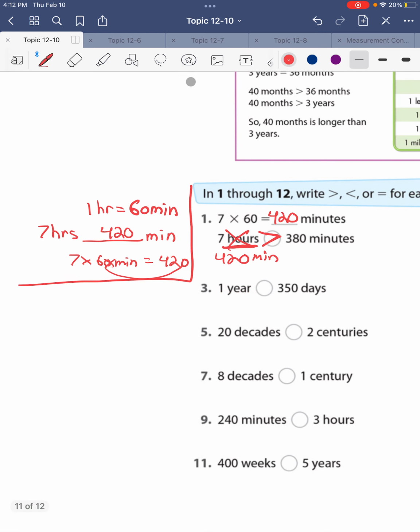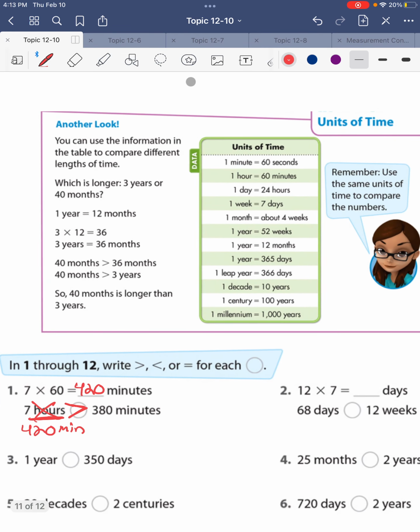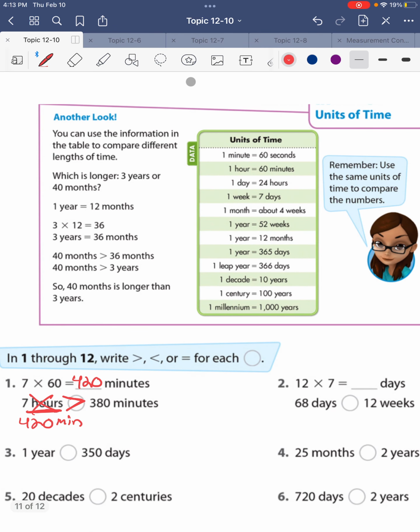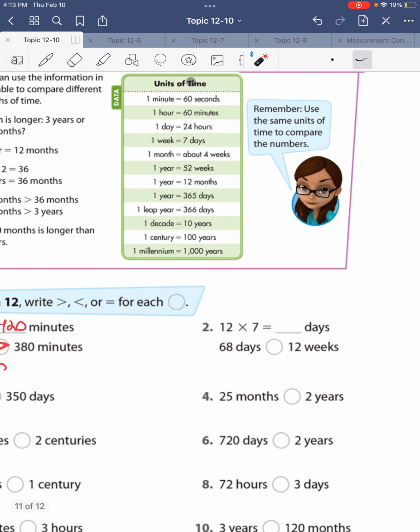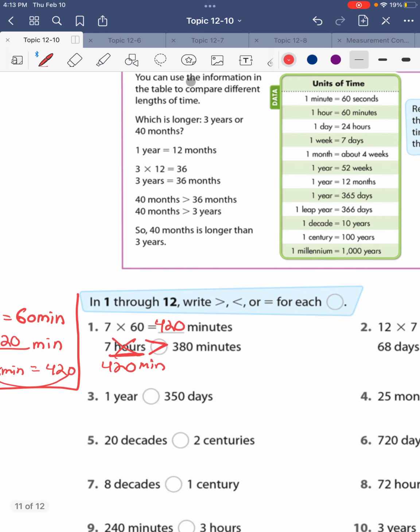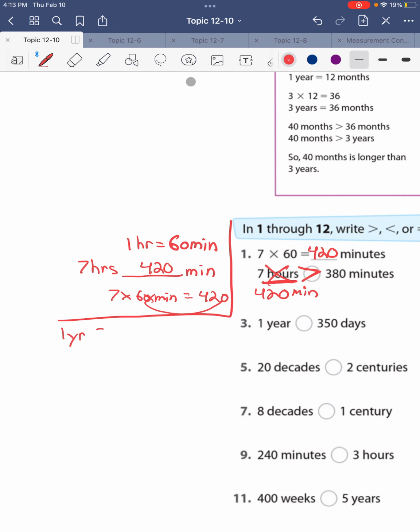I need to know the conversion for a year. 1 year is 12, wait, whoops, I messed up. We're going from years to days. It's right here. 1 year is 365 days. I'm going to put that.